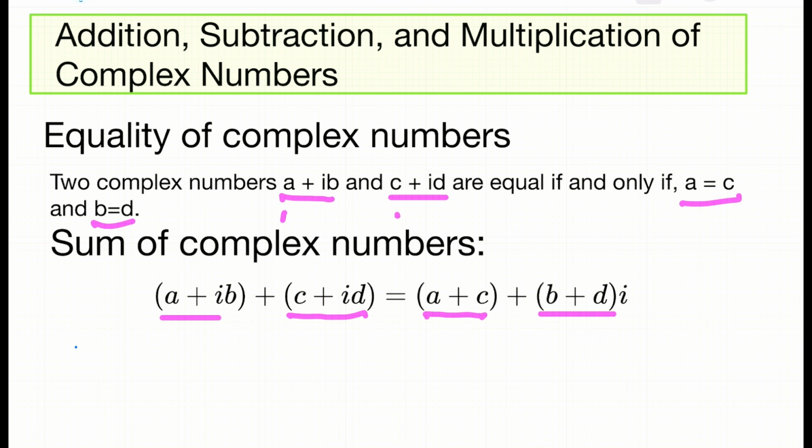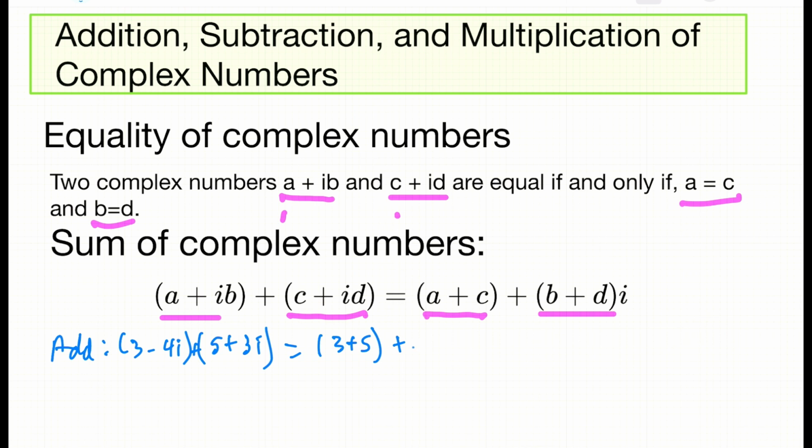So we want to add 3 minus 4i plus 5 minus 3i. Okay, now we're going to add the real terms together, so that's 3 plus 5.